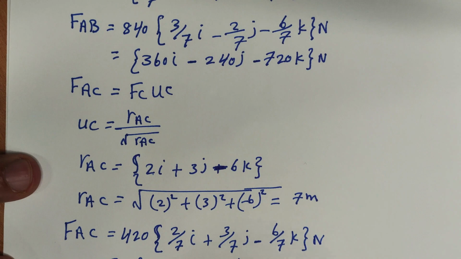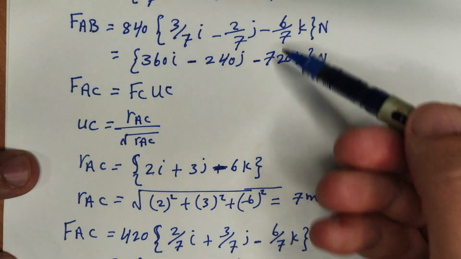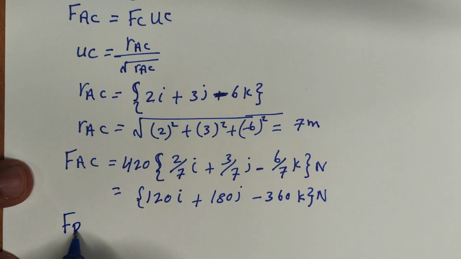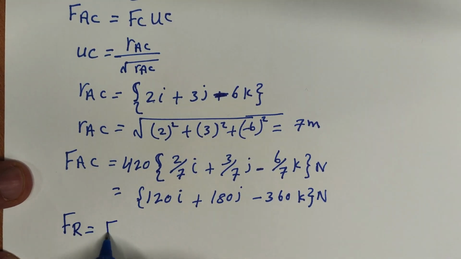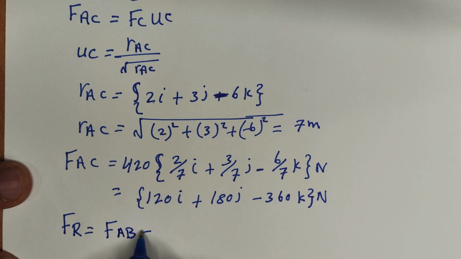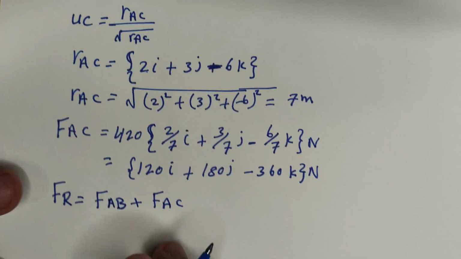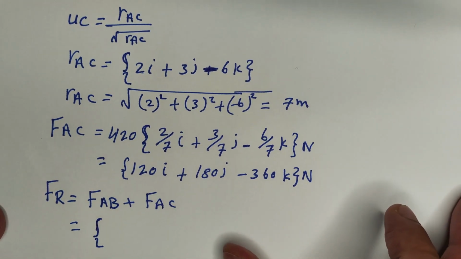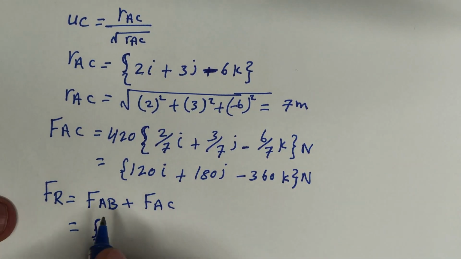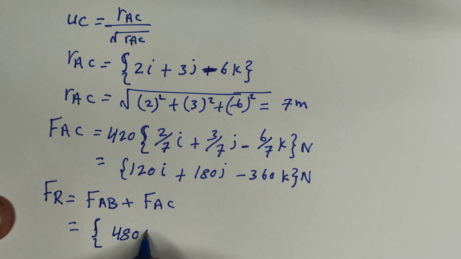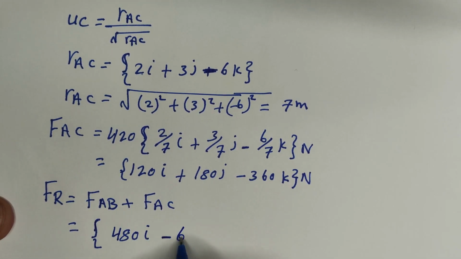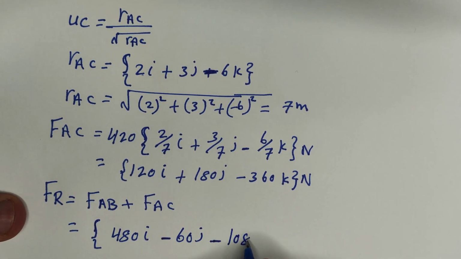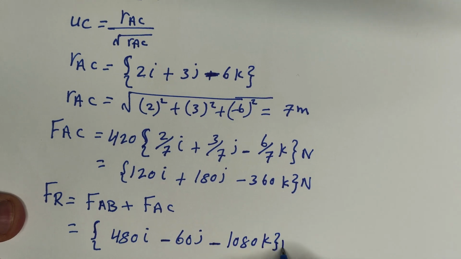We are going to add the i components together, j components together, and k components together. FR equals FAB plus FAC. Adding all of these components together, that should equal 480i minus 60j minus 1080k in Newton.